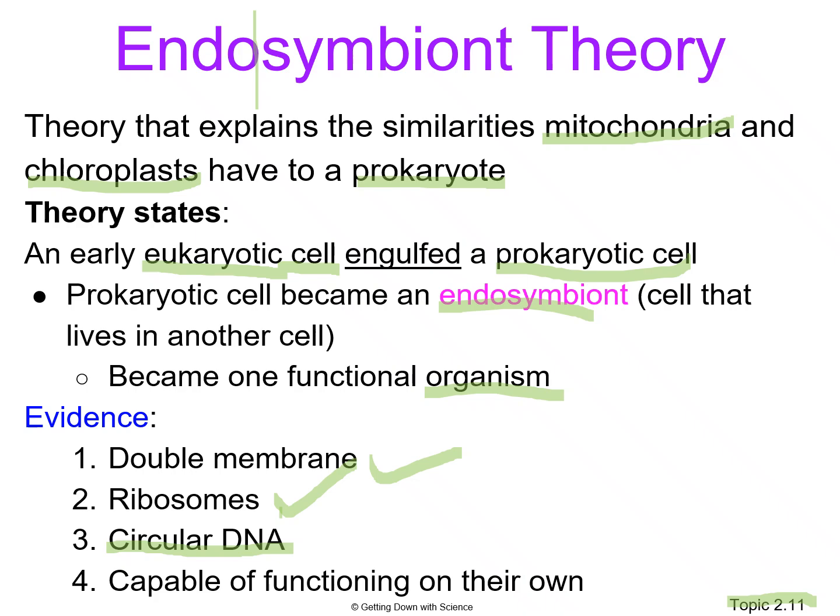And the mitochondria and the chloroplasts are capable of pretty much living on their own. So they're capable of functioning without the cell. Even though these are organelles within the cell, they're independent organelles that can carry out most of the functions they need for their own survival without depending on the cell. These are the lines of evidence that maybe the mitochondria and chloroplasts were prokaryotic cells engulfed by a eukaryotic cell.